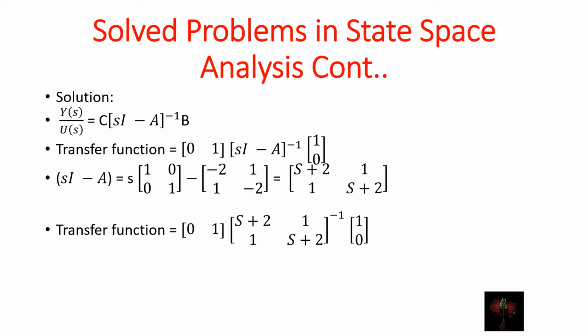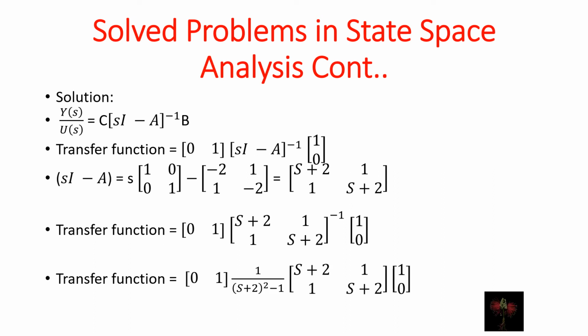The formula for calculating si minus A inverse is equal to adjoint of si minus A divided by determinant of si minus A. So after calculating the value of si minus A inverse, the transfer function is equal to 0 1 into 1 divided by s plus 2 the whole square minus 1.